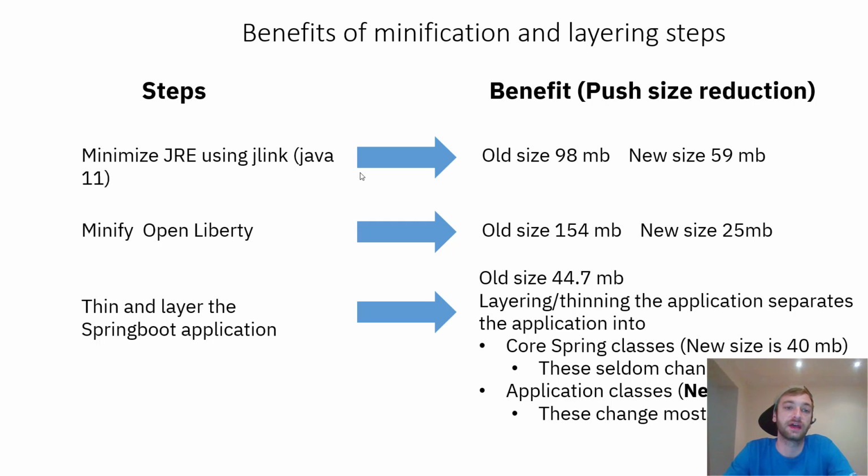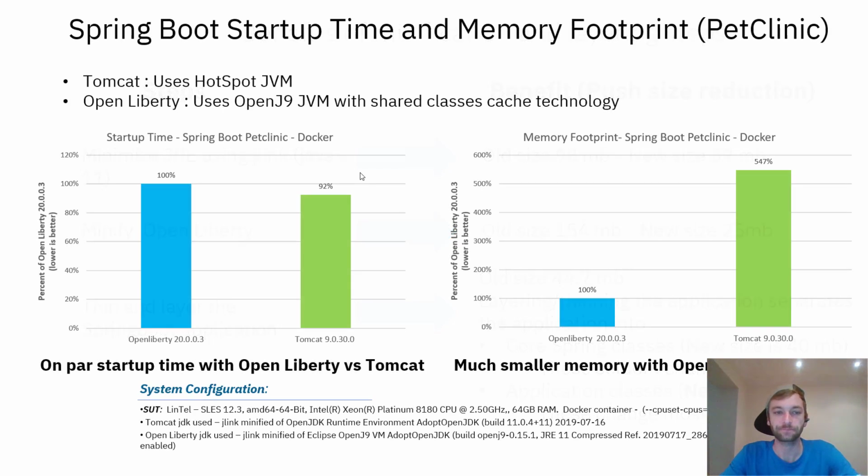So the steps we've done to do that: we minimize the JRE, so we've got that down to 59 megs. You can use Minify and OpenLiberty, which shrinks OpenLiberty dramatically. And then the thin layer of the Spring Boot application on the top, splitting those up, so having the core Spring classes as one, and then your application classes as a separate layer.